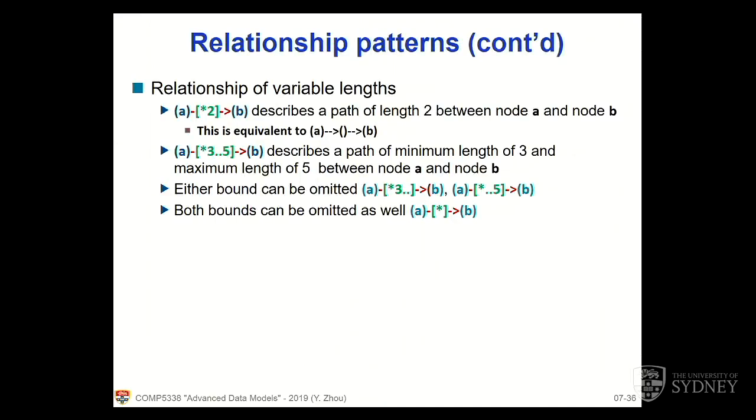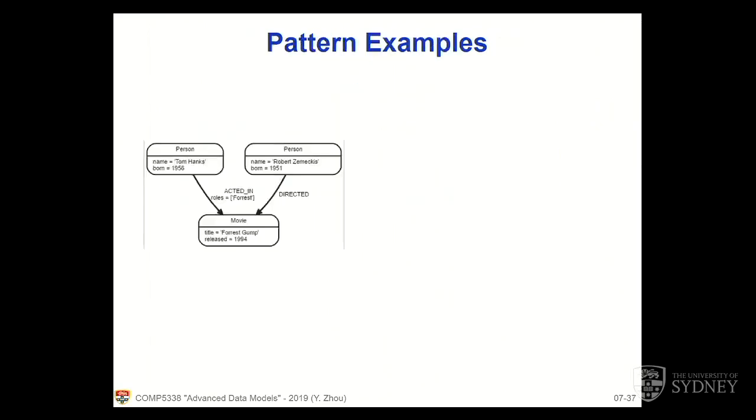Okay, so let's see the pattern examples. The pattern is supposed to match the real thing in the graph database. Let's see examples of pattern matching. If we have a pattern like this, that's a very general pattern.